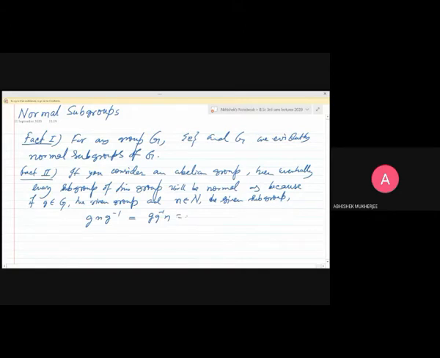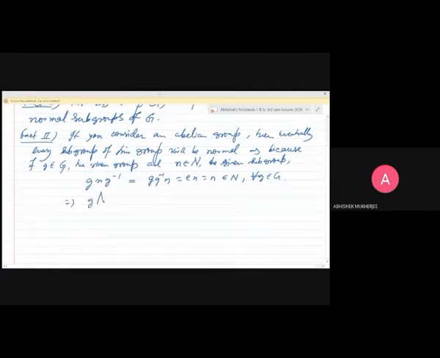So it is e n, that is n, and n belongs to N. And this is true for all g belonging to G. So this means that g N g inverse is a subset of N. Okay. So hence N is normal. Okay.